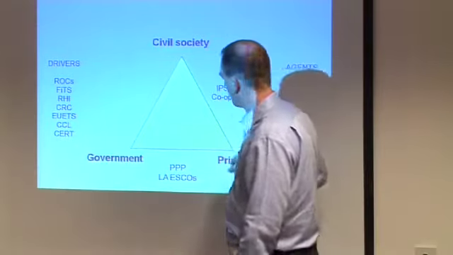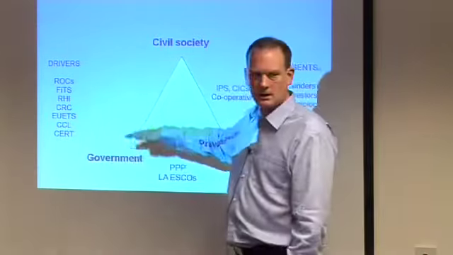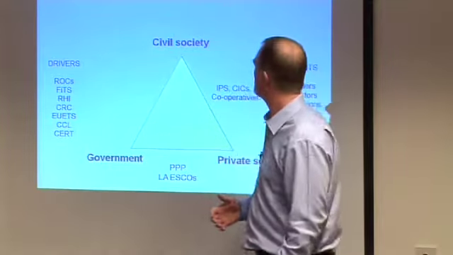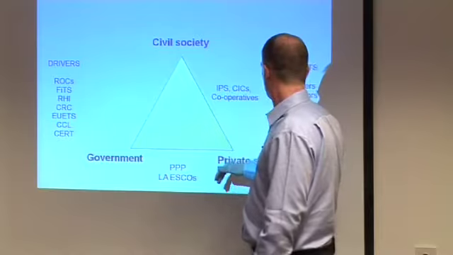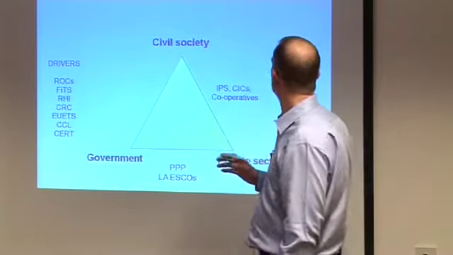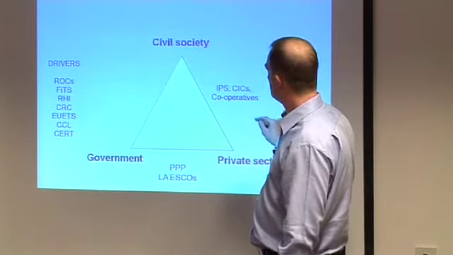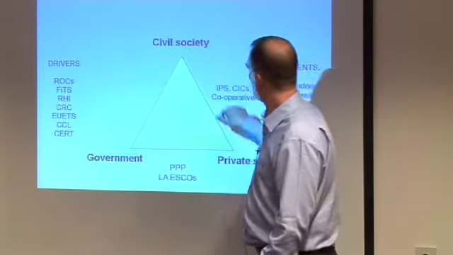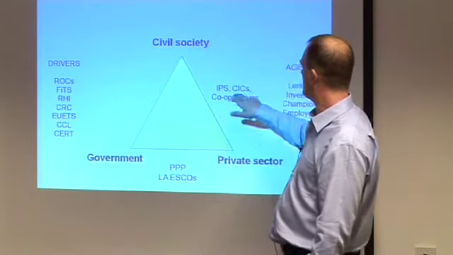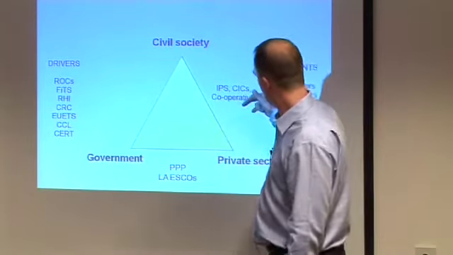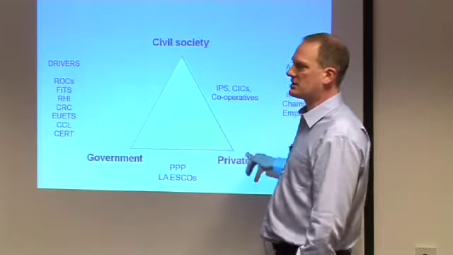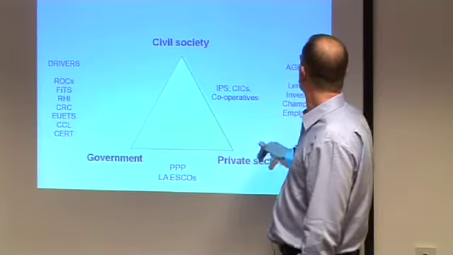And if you like, if you have government as one corner of society, civil society, local organisations as another corner, and the private sector as potentially a third corner, you could argue about the structure of that. But what we're seeing is new kinds of relationships. So industrial and provident societies, community interest companies and cooperatives actually putting civil society into new forms of organisation to deliver projects.